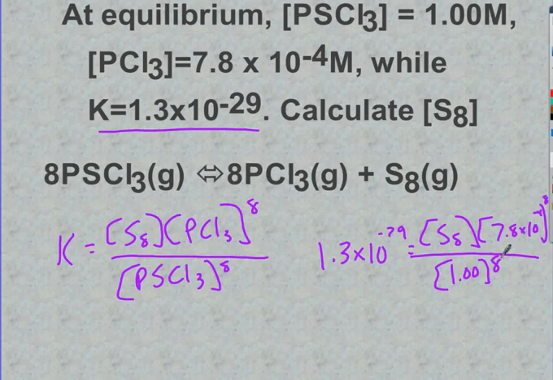So we multiply by 1 times, or 1 to the 8th, which is still 1. Then divide by 7.8 times 10 to the 4th to the 8th power. And then you should get the value that was up there a second ago. So 9.5 times 10 to the negative 5th. Since we're solving for concentration, it should have unit of molarity.